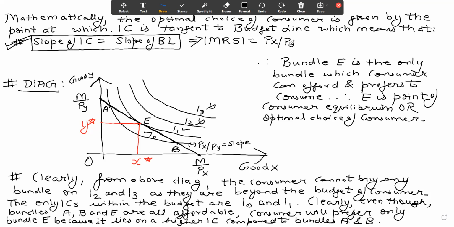Now slope of the indifference curve is marginal rate of substitution, and slope of the budget line is Px by Py. So this is my necessary condition for optimal choice.